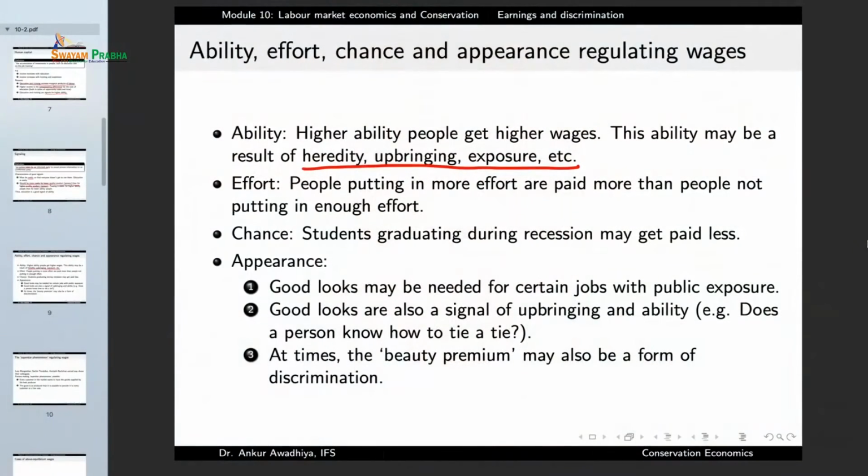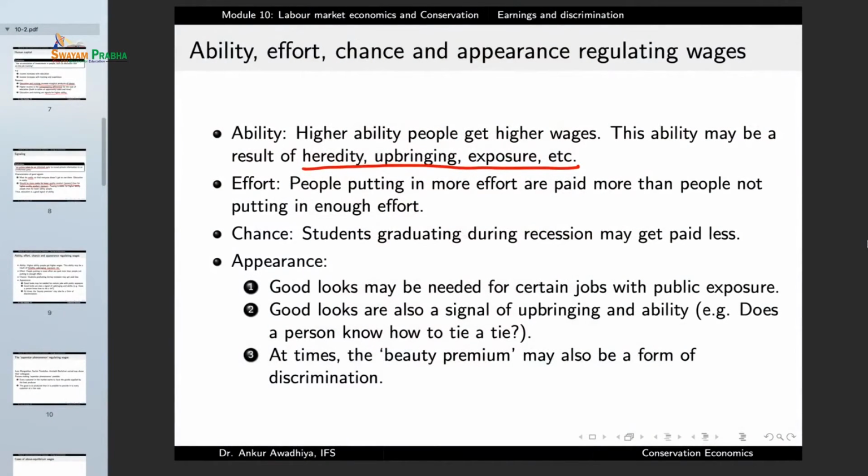In this case, the upbringing would lead to a difference in ability, because when child one grows up, he will be working very hard as compared to child two, because it is there in his upbringing. From early childhood on, he knows that he needs to work hard, and so it's now a part of his character, it's a part of his nature. So, upbringing can also make changes in ability.